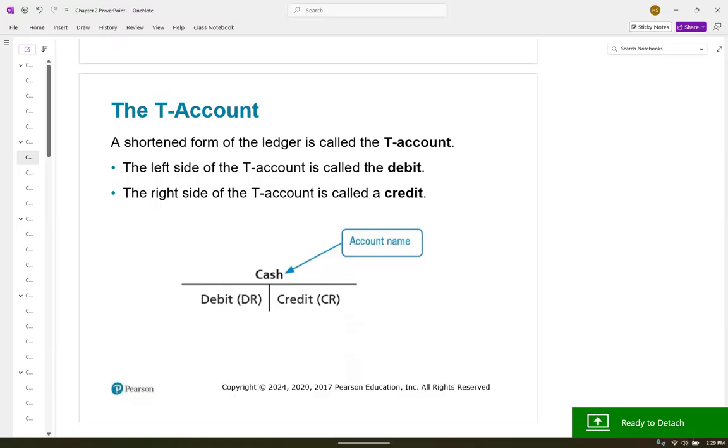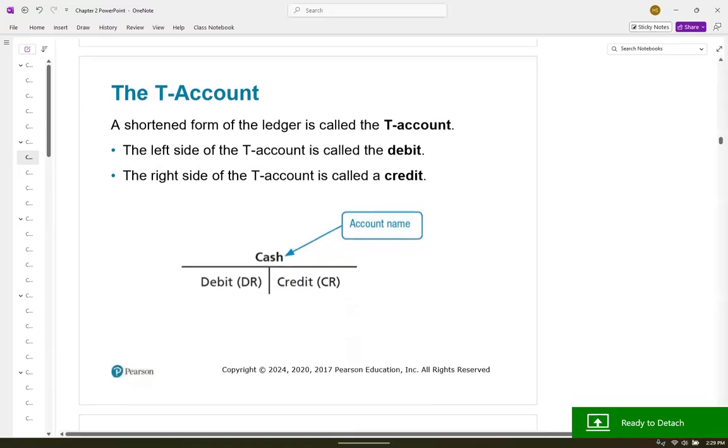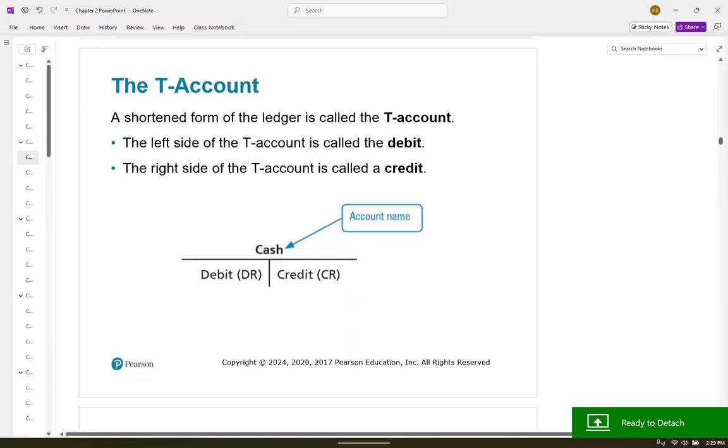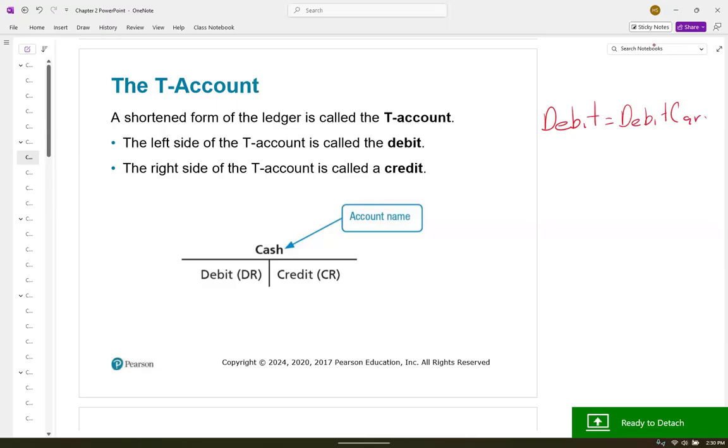This is probably the thing that confuses students the most. Let's talk about the definition of a debit. A lot of students think of their debit card and then they start thinking about their checking account and money going in, money going out. Some students will think of it as an increase or a decrease.